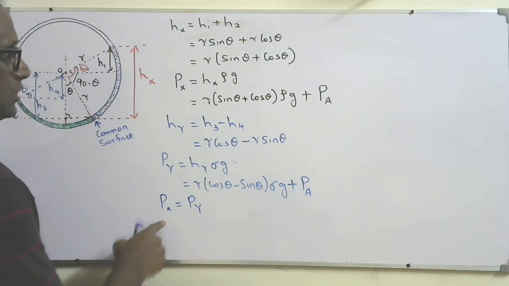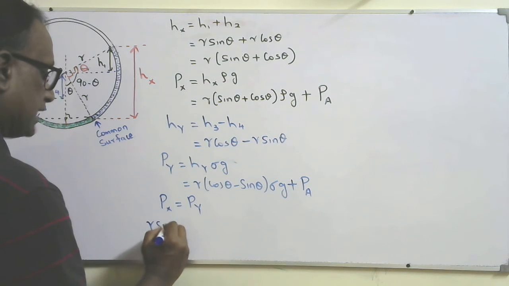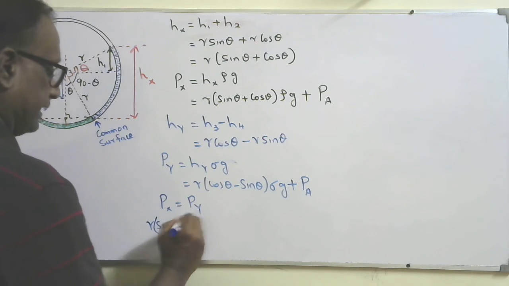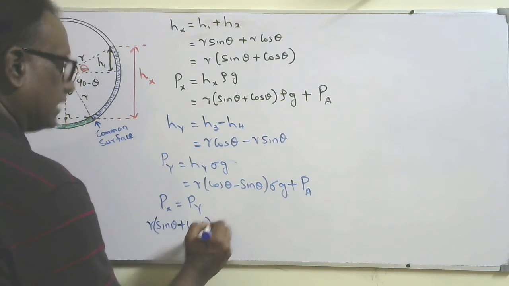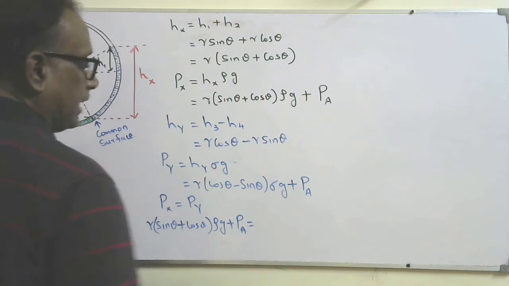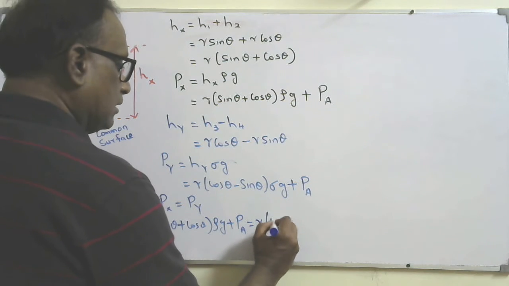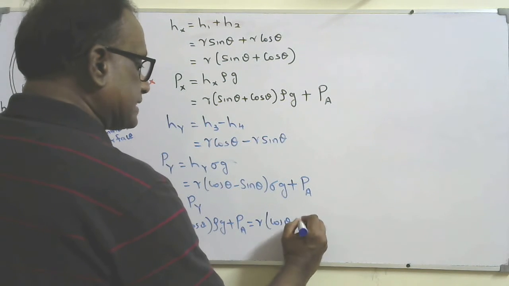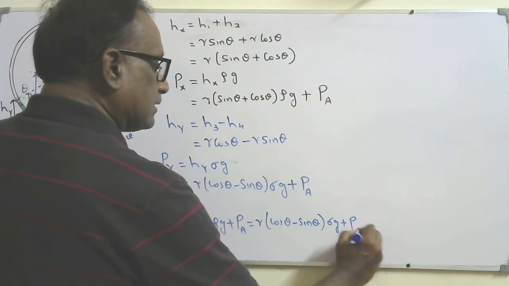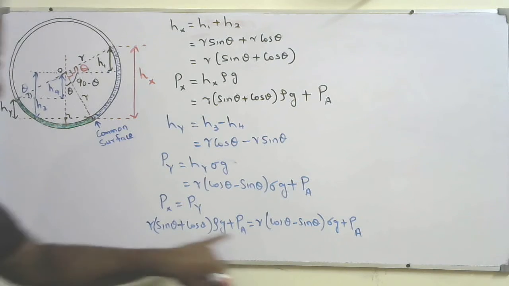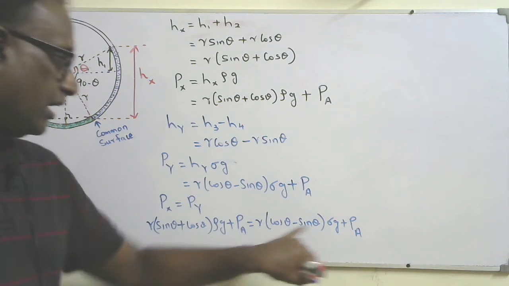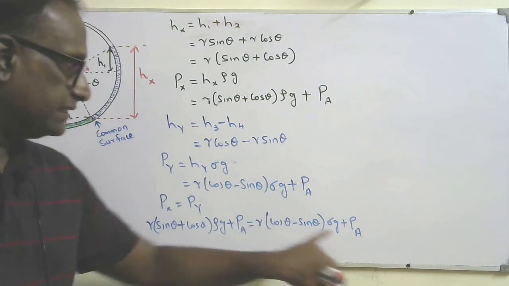So R into sin theta plus cos theta rho g plus PA, the atmospheric pressure, is equal to R cos theta minus sin theta sigma g plus PA. You can see that in this equation the atmospheric pressures PA and PA will get cancelled, R and R will get cancelled, and g and g will get cancelled.